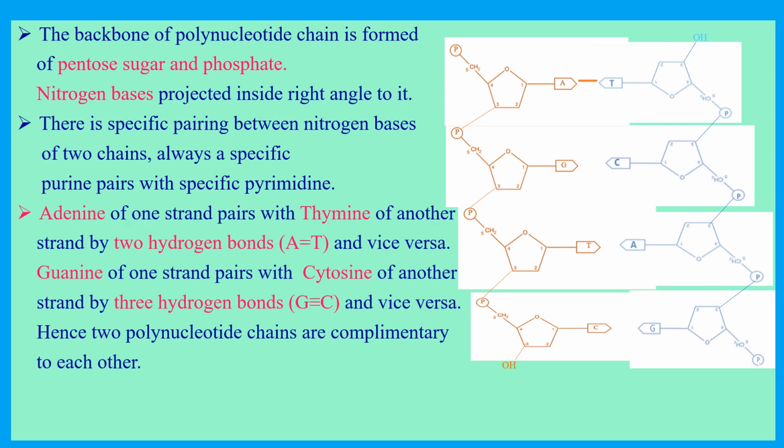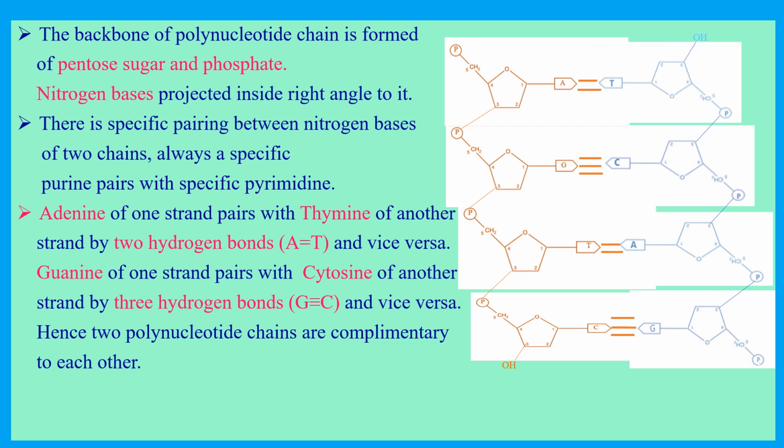Adenine of one strand pairs with thymine of the other strand, or thymine pairs with adenine, by means of two hydrogen bonds. Guanine pairs with cytosine, or cytosine pairs with guanine, by means of three hydrogen bonds. Hence, the two chains are complementary in nature.